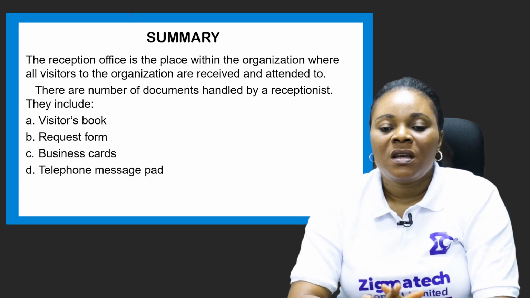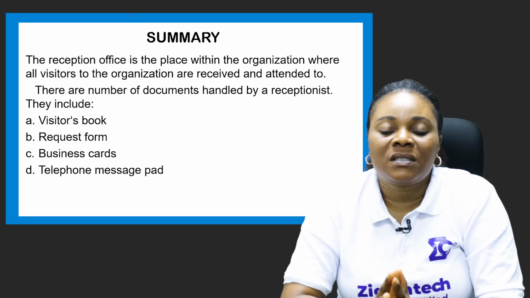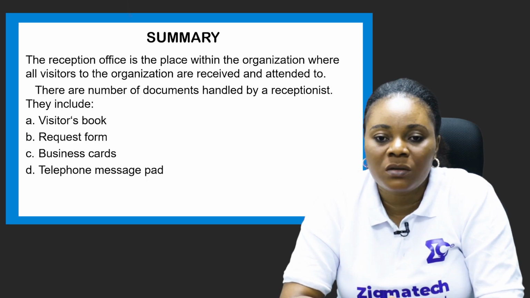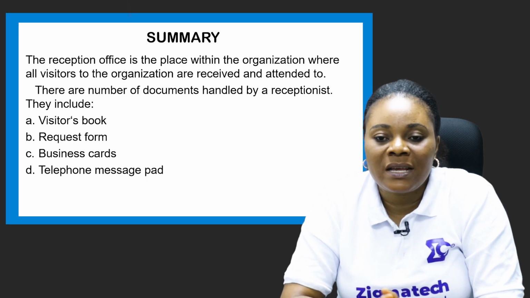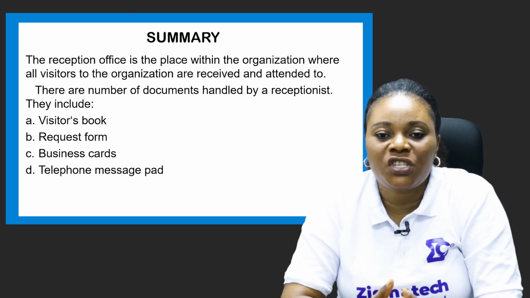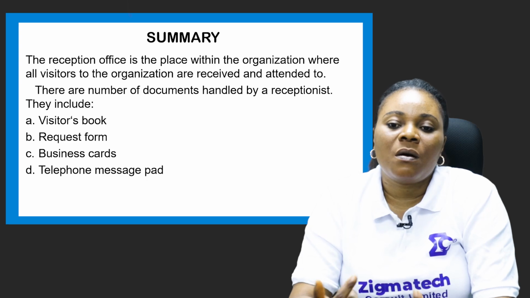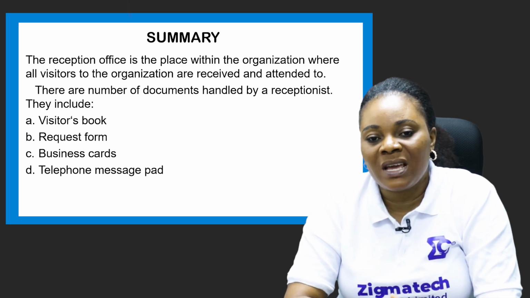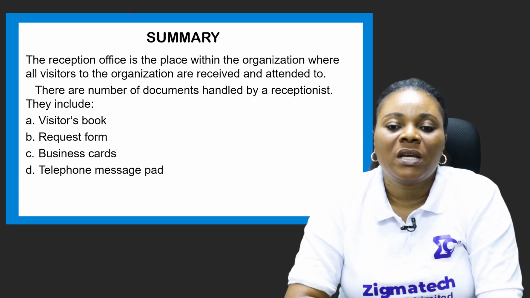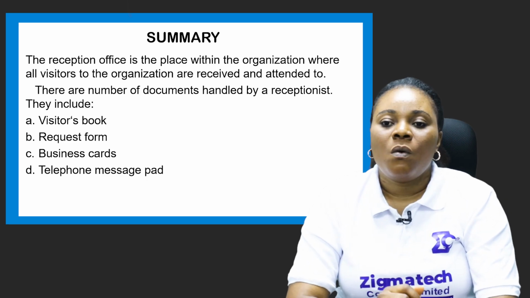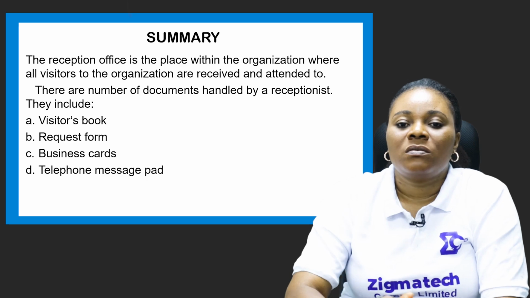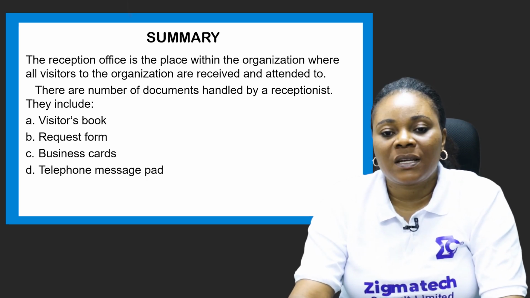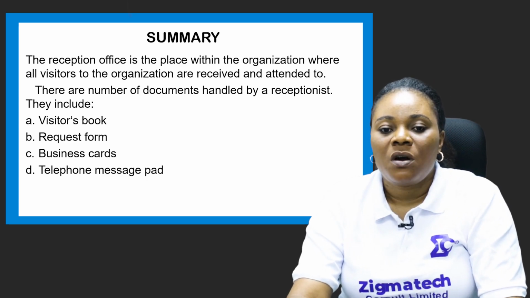The name of the caller, the date and the time the person called, a summary of the message, and your initial, showing that you received the call. This is for the person who owns the call to be able to get information about the call once he or she arrives. So this is what we have in today's class, the reception office.